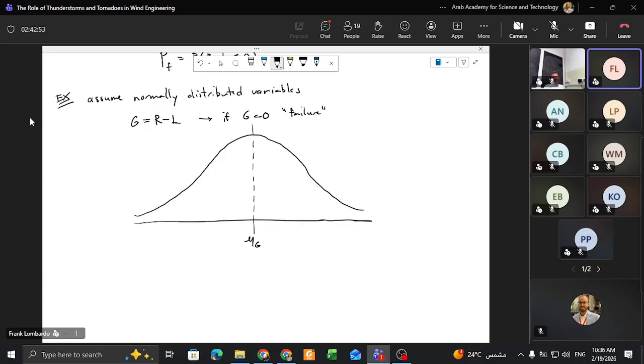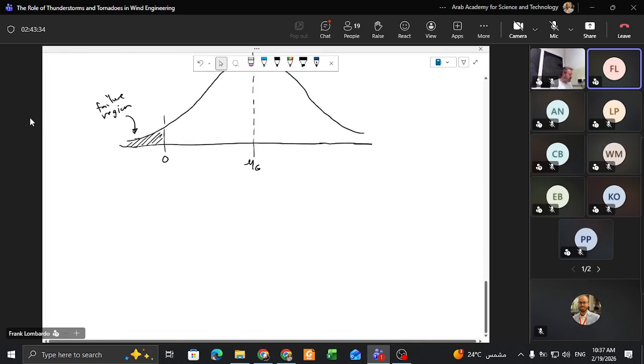Yes, exactly. Here you expect this to be positive, and you expect zero to be somewhere over here. You hope for most structures you design that your average resistance is going to be greater than your load. So here, less than zero, is going to be our failure region. Anything where G is less than zero is failure.